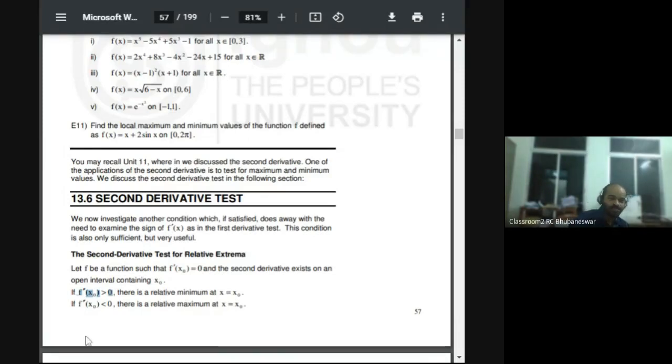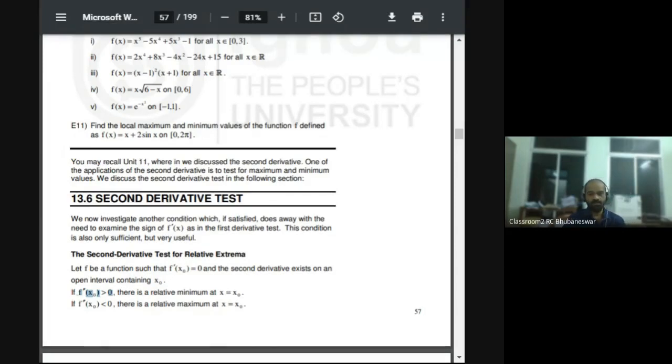Now look at the second point. Here the condition is just opposite. If the second derivative of the function at the point x0 is negative, then the function attains its maximum value, and the maximum value will be a relative maximum at the point x0.